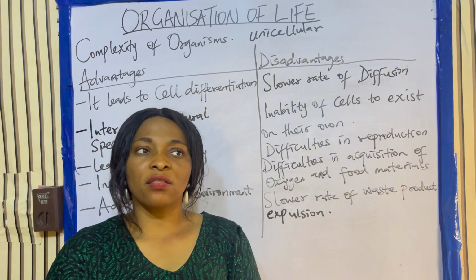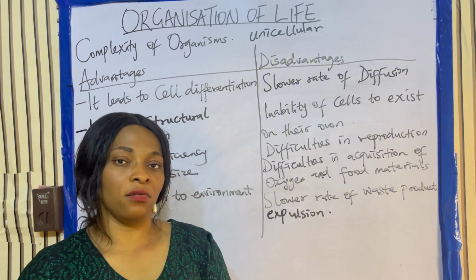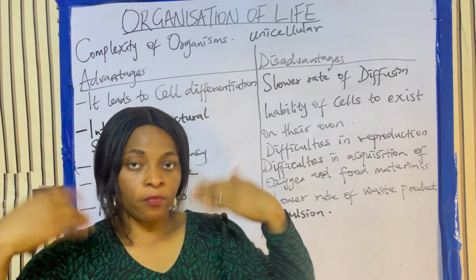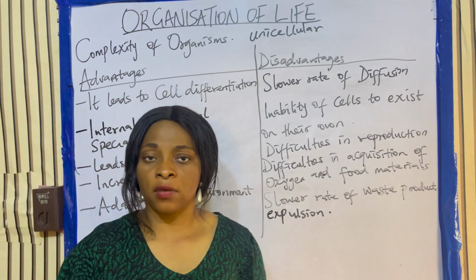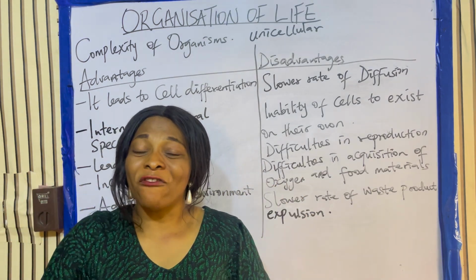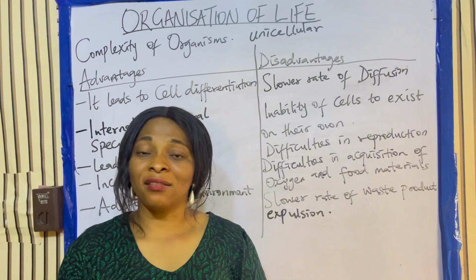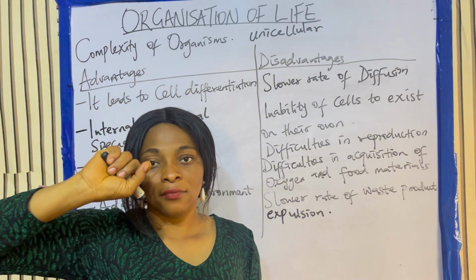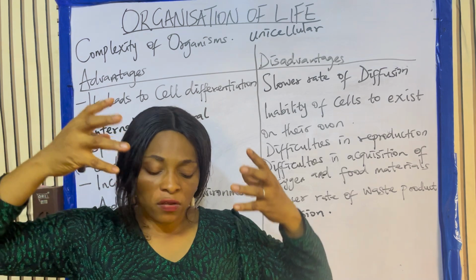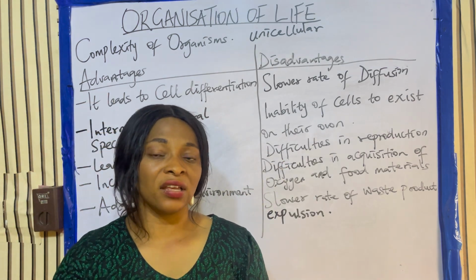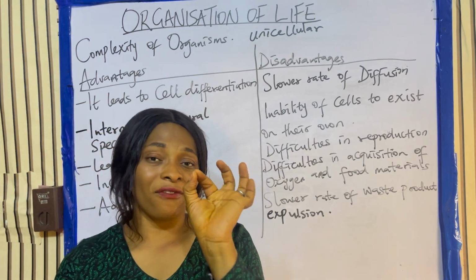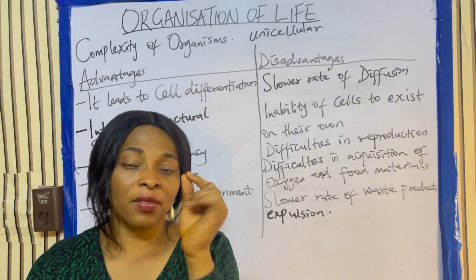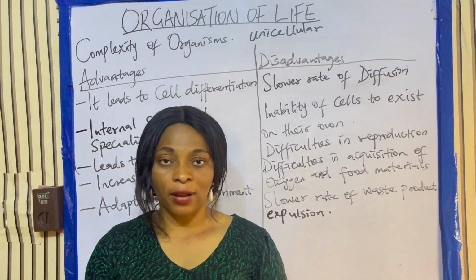Hence, when you look at organisms that have more than one cell, say man, a human being, we have billions of cells. You will discover that we perform more efficiently than an organism that just has one cell. Are we together?